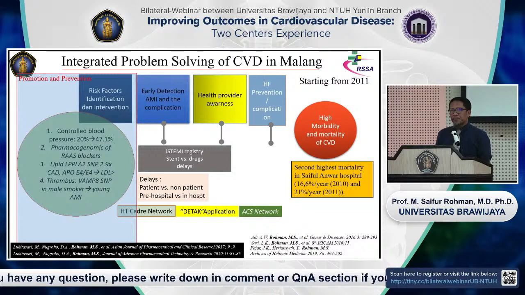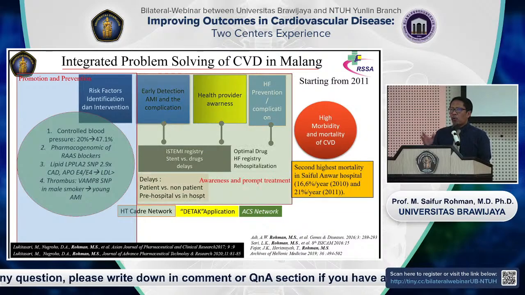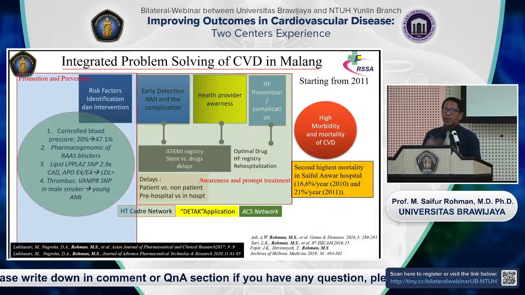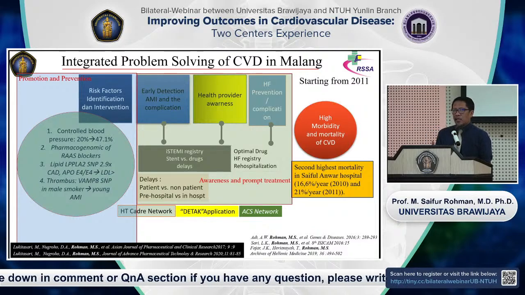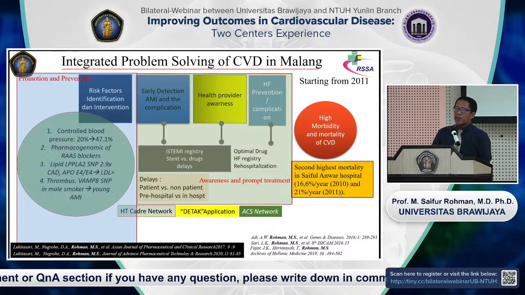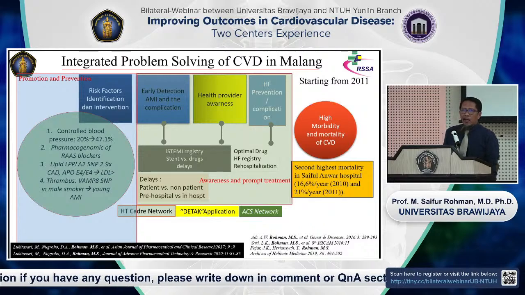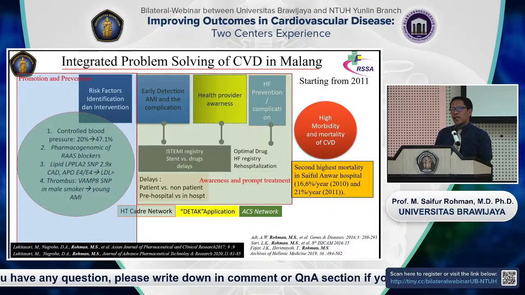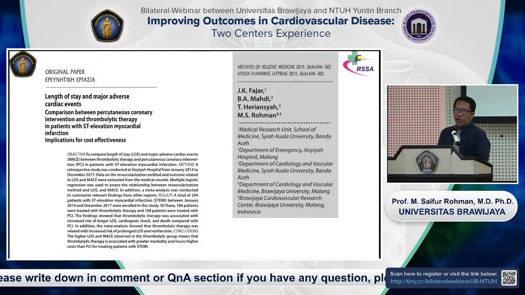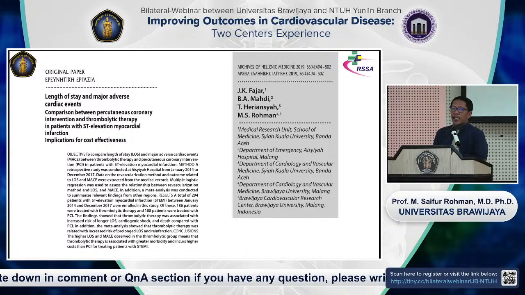And also we dissect the problem of heart failure and rehospitalization, comparing the signs and drugs, and how to optimize the drugs during the hospital stay. Next, we also build a community of ACS patients and cardiovascular disease patients.